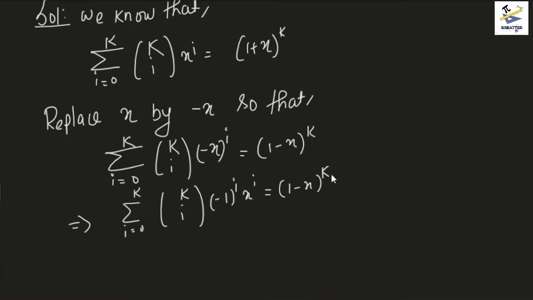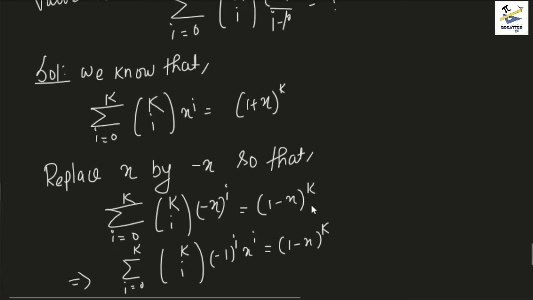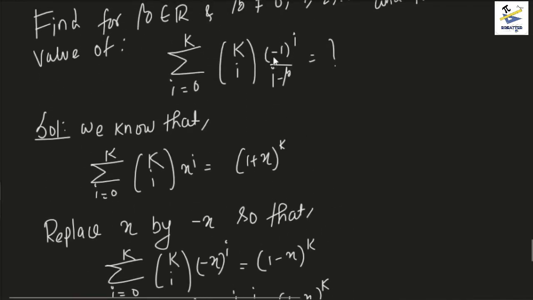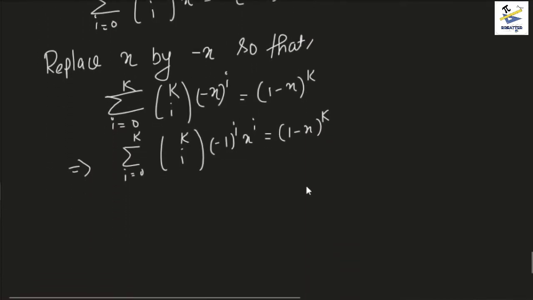So this would be our result after replacing x by minus x, right? Now how do we go from here to here? I'll write down the solution first and then I'll explain how we get from there to there. And remember that beta is any real value except non-positive integers. So let's go.